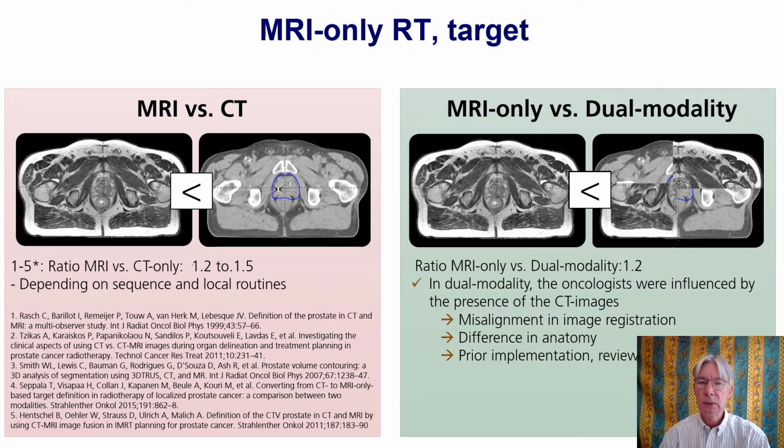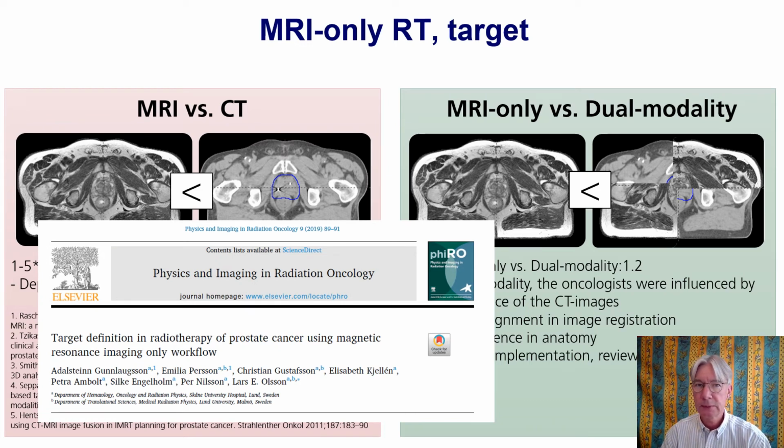So to be really sure, one has to contour a little bit larger, because the treatment is given in the CT frame of reference. So any clinic who should start the MRI-only radiotherapy should probably review their processes for how they outline or contour the target and organs at risk, and see if there will be any major effects of changing workflow.